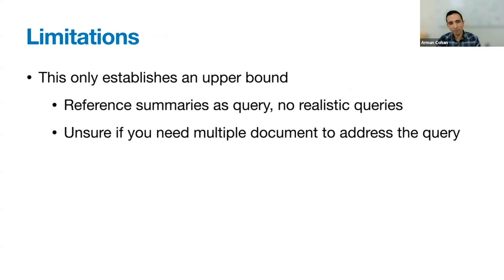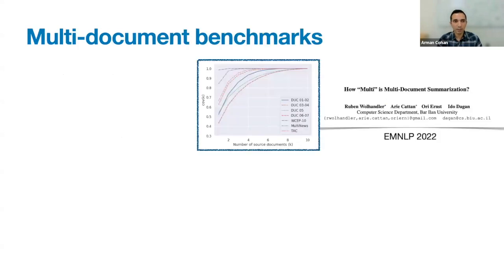There are some limitations with our work. This was only an upper bound because we use reference summaries as queries. These were not realistic queries. Because of this, we are unsure if you actually need multiple documents to answer the query.